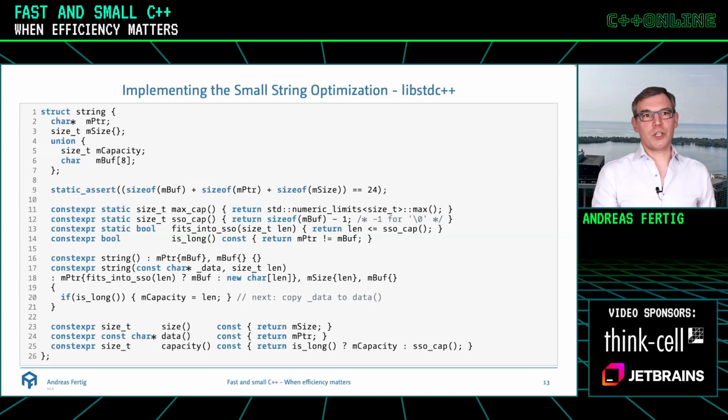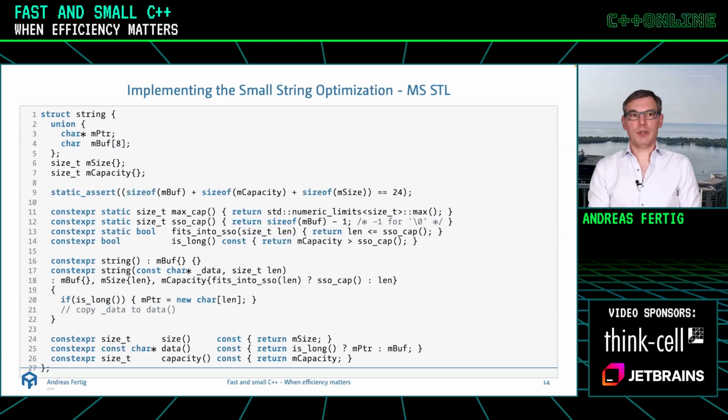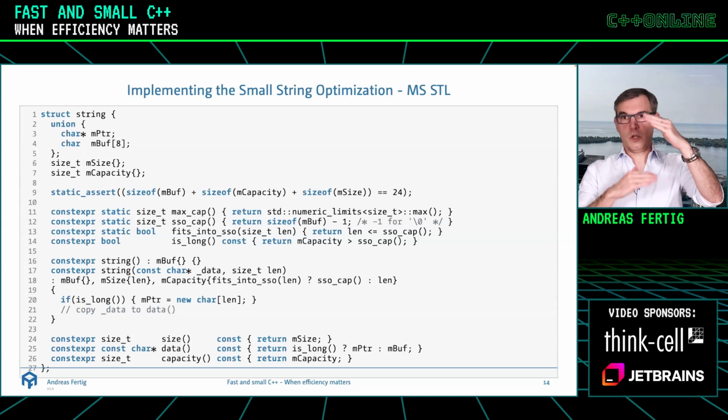So the next implementation is the MSVC standard library. And this is a little like the GCC implementation. They start with a union and they put a char pointer, mPtr, in this union and an 8-byte char buffer. So they decided that they either need a pointer to the dynamic data or the stack buffer, but never the two at the same time.